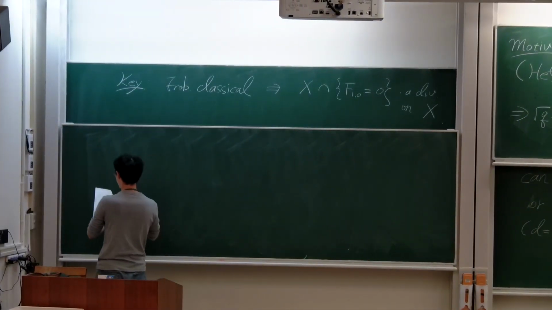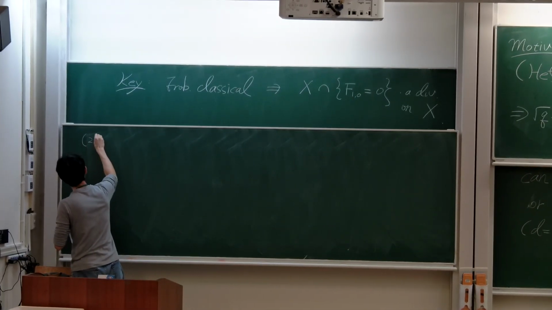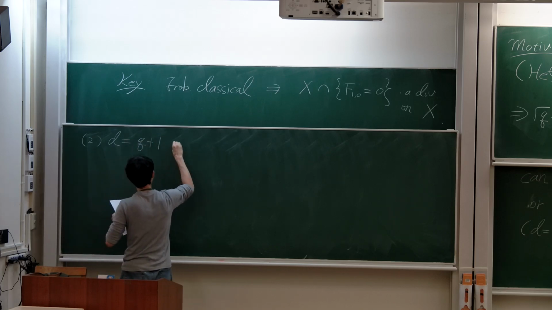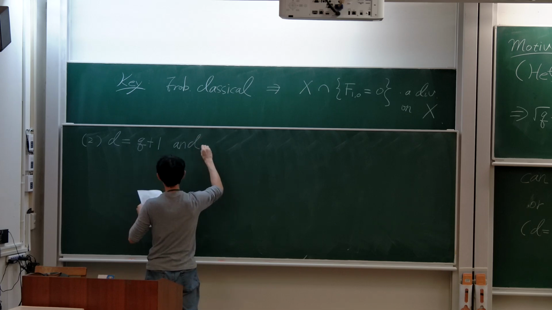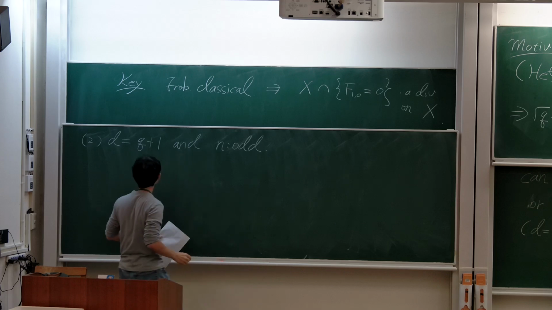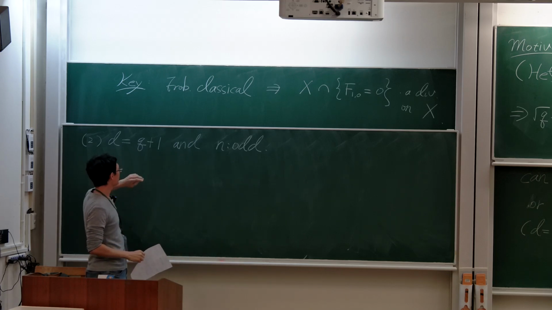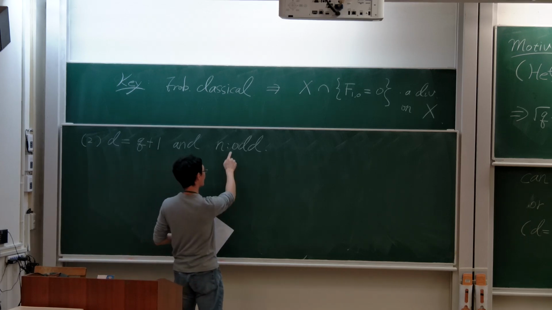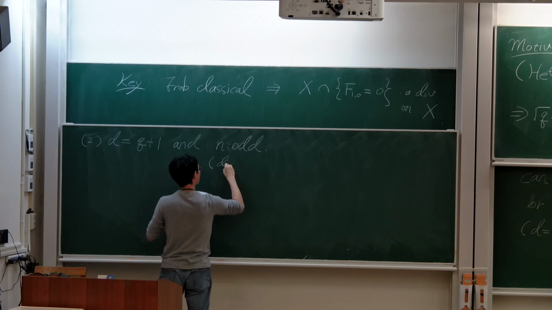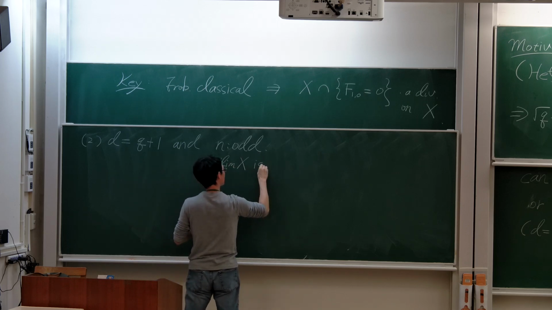Okay, and how about d equals q plus 1 and n odd? So when d is equal to q plus 1, there are two cases. One is n odd, the other is n even. N odd means n is odd; in this case, the dimension of x is even.